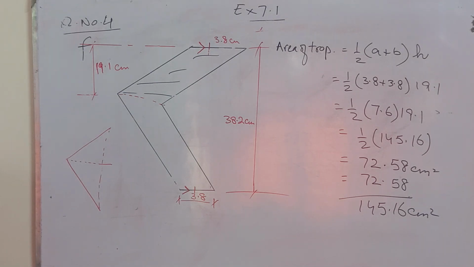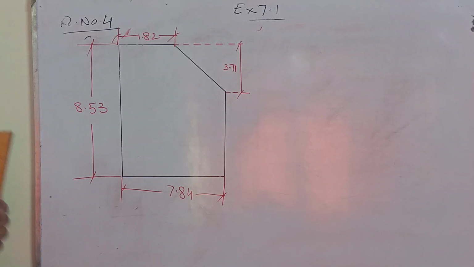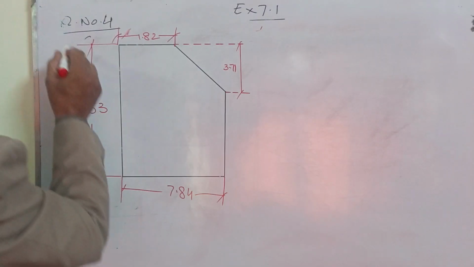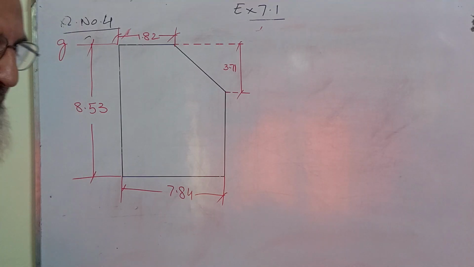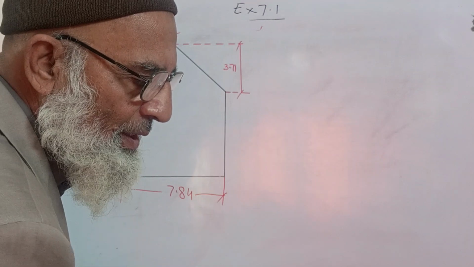Now let me do it for you, and then I'll be going for the uploads. So my dear students, this is your figure last and question number is G. I think it is far more easier than the previous question.